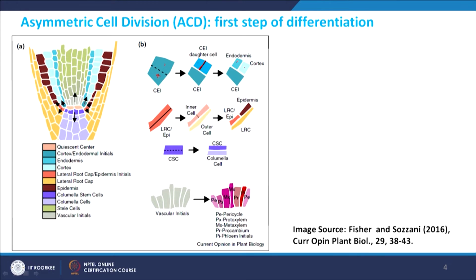One layer is going to give endodermis, as you can see here, and the outer layer is going to make the cortex. Similarly, this initial is epidermis and lateral root cap initials. These initials again undergo a first round of cell division.